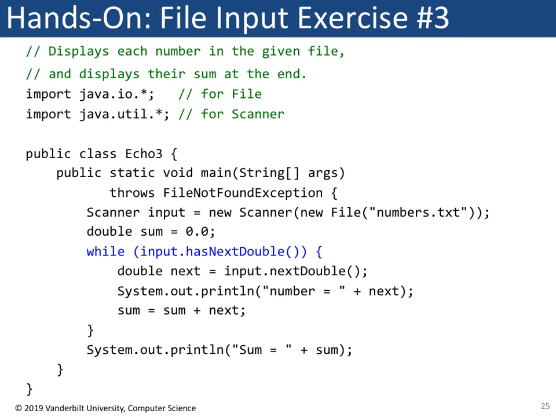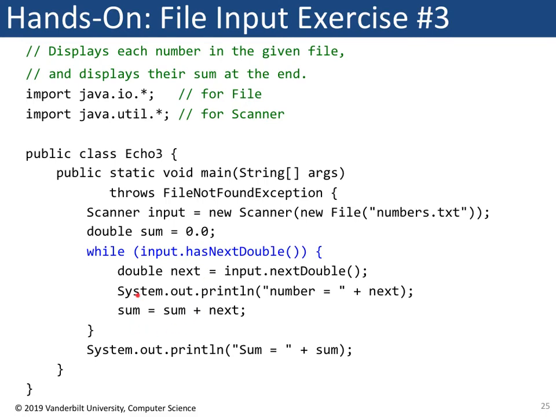And then, rather than using a for loop for a given number of reads, we are going to say, as long as there exists another token that can be interpreted as a double, continue to do this. So while input.hasNextDouble, read the next double from the input object, store it in next, print it, and increment the sum by the value stored in next.